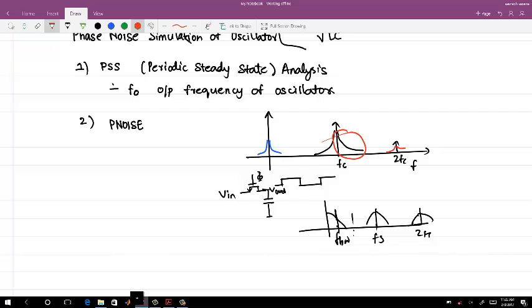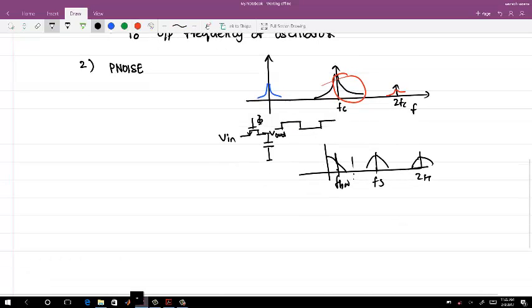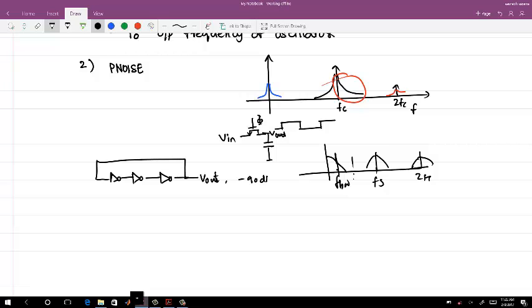Let's say I have this ring oscillator, and I'm just telling you how the scalability of the power and noise will get affected. So this has V out, and I get a phase noise of, let's say, minus 90 dBc per hertz at 1 megahertz offset.